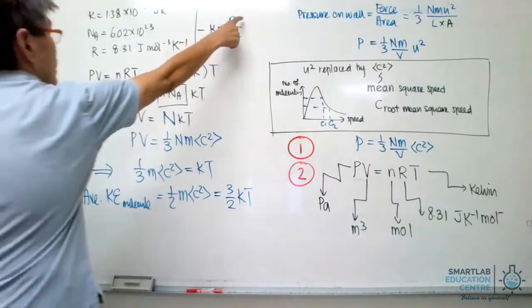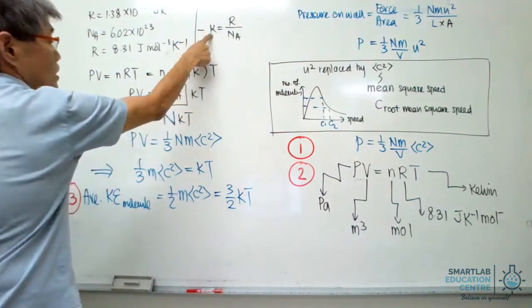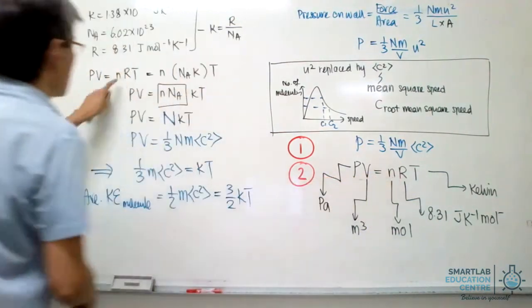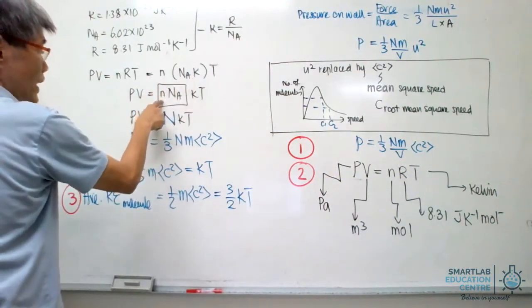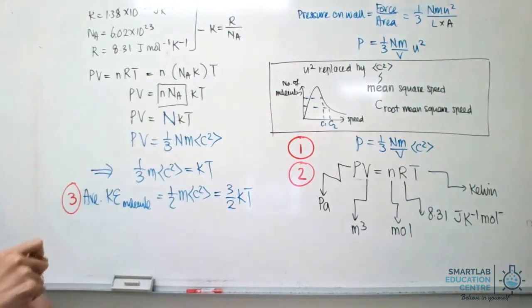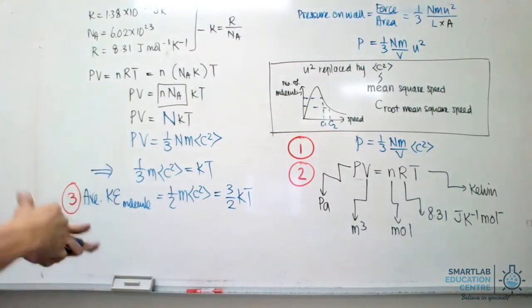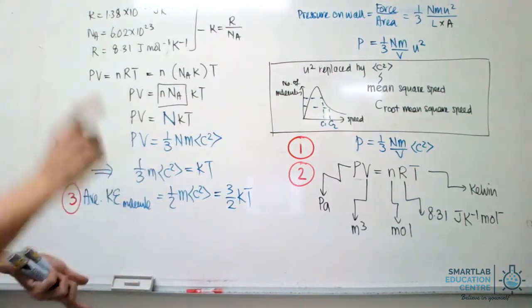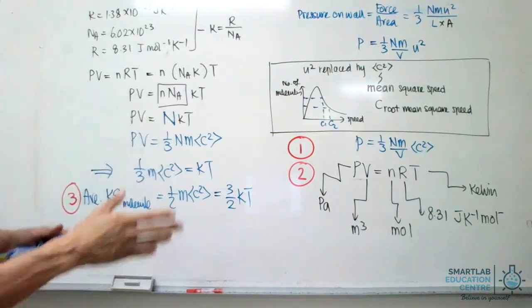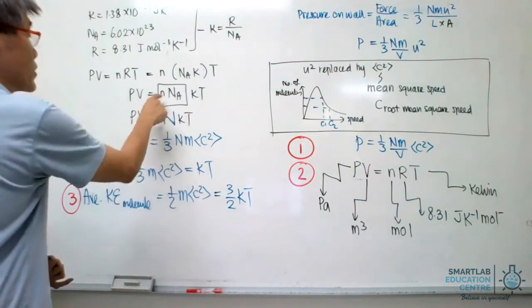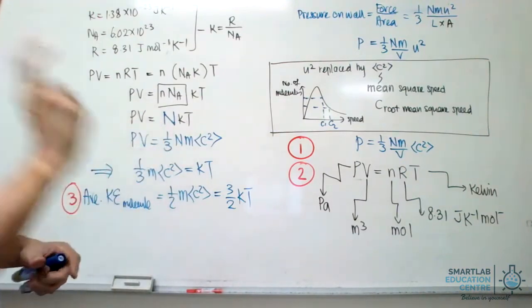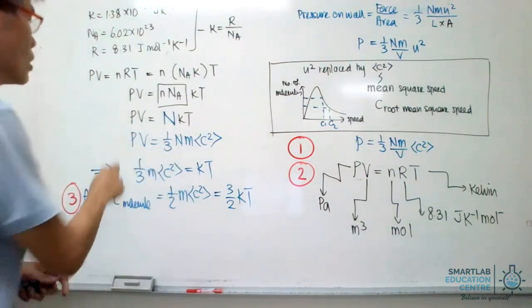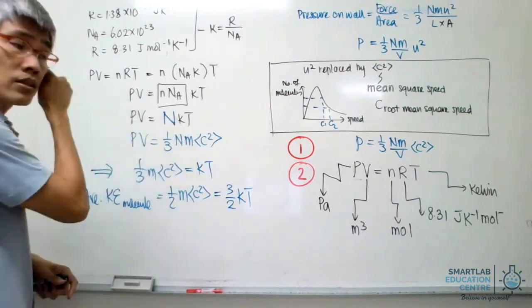So with that in mind, R is equal to Na k, which means this R here, I can now replace with Na k. And n multiplied by Na, where n is the number of moles and Na is Avogadro's constant, gives you the total number of gaseous molecules. So you will get PV equal to NkT.